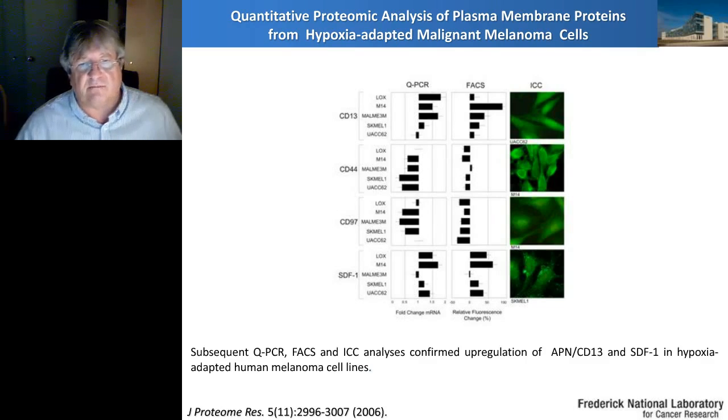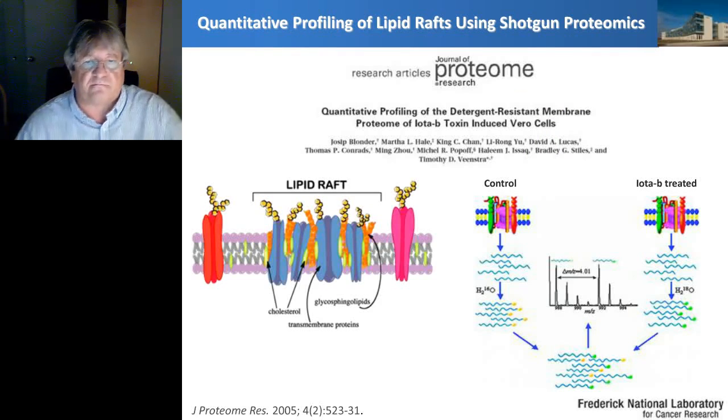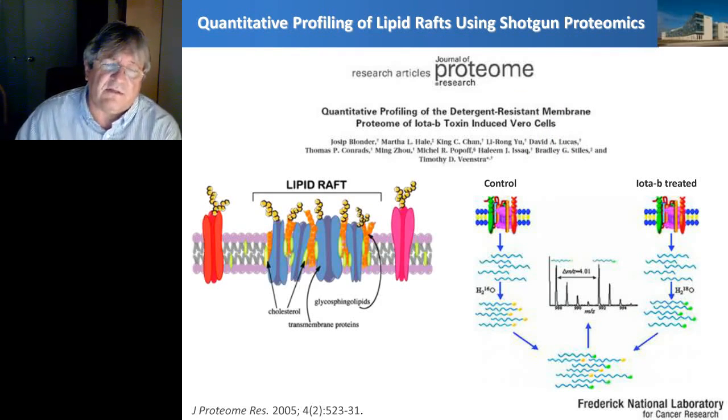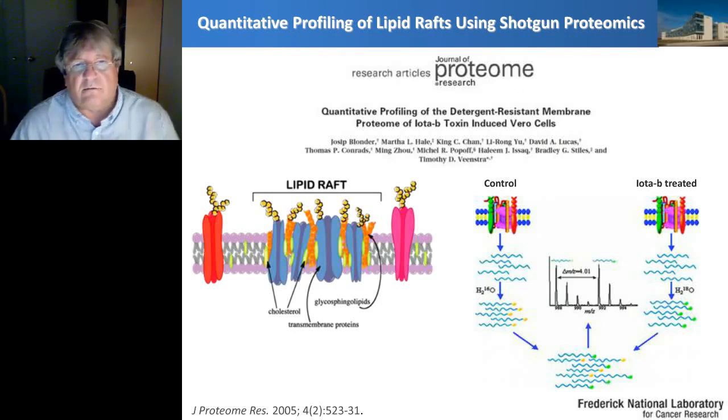So that is one example of how in our lab we conquer dynamic range and have better reproducibility once you isolate the organelle of interest.